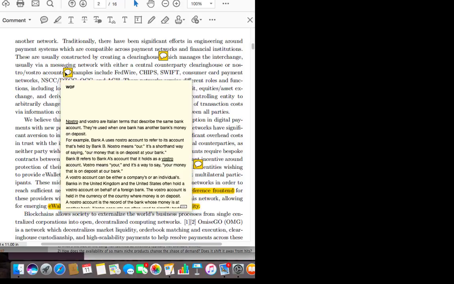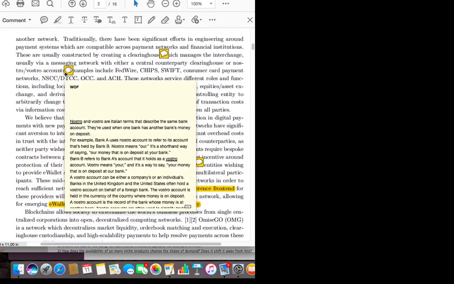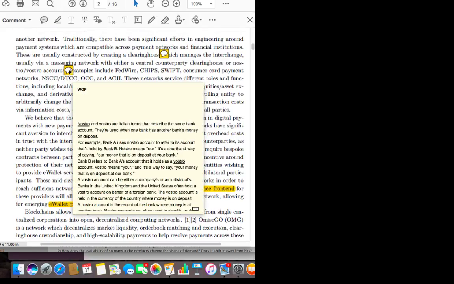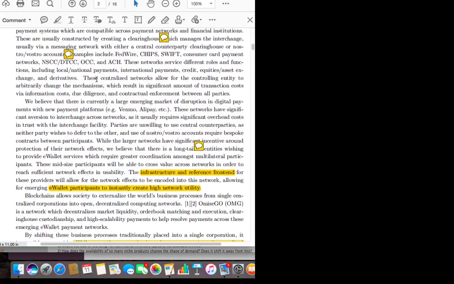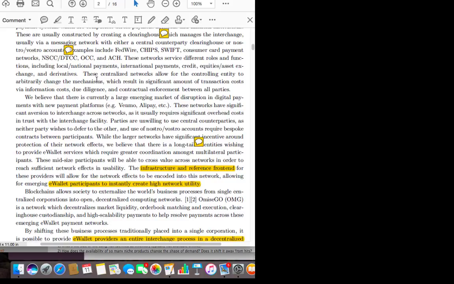So it's a way of saying our money is on deposit at your bank, okay? Versus Vostro, which is your money that is on deposit at our bank. So maybe that helps clarify what that actually means. I wasn't familiar with that term, guys, so maybe you guys are, but it was new for me.